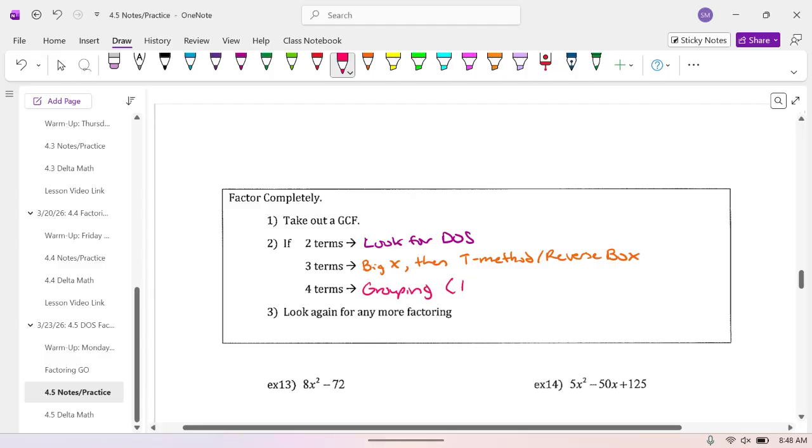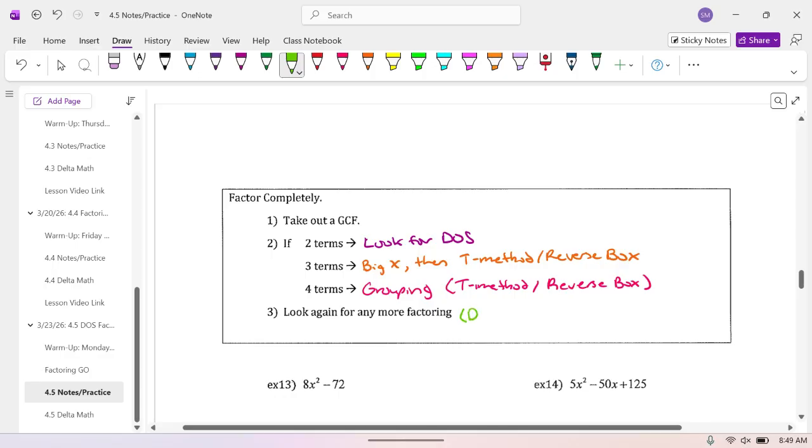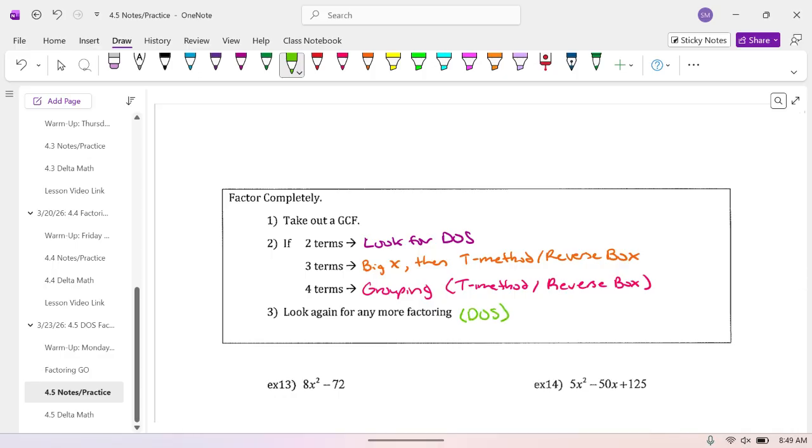And again, that's just a straight up T method or reverse box. You don't have to do the big X beforehand. Now, when it says look for any more factoring, specifically, that means double check to make sure you don't have any more difference of 2 squares. They love throwing those in.